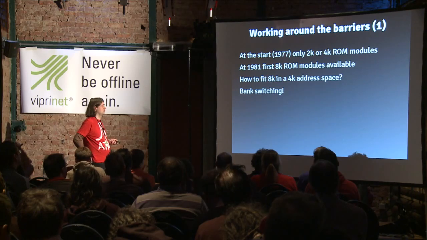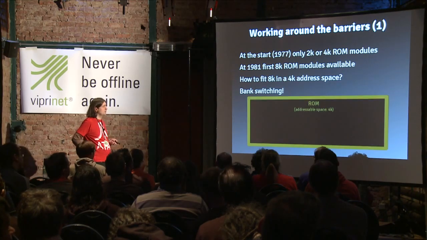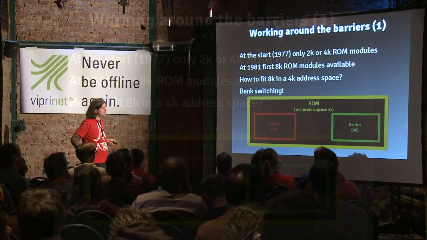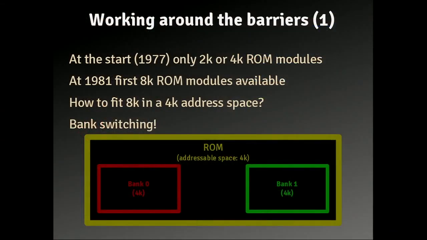We're going to use bank switching. So we've got our address space with 4K, and there we've got 2 banks. And we get from one bank to another by reading some honeypot address. Once we're reading this address on bank 0, we're going to switch over to bank 1.